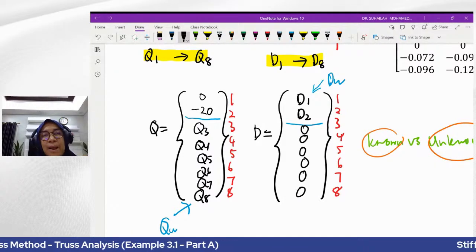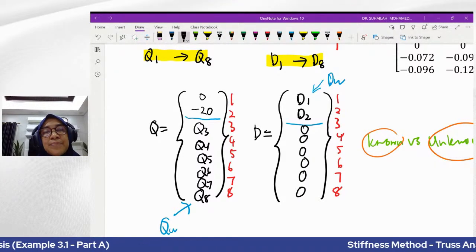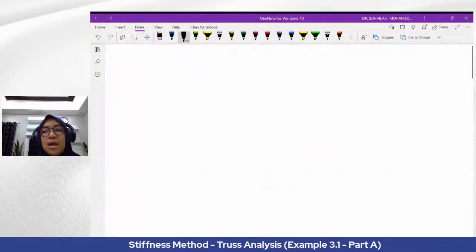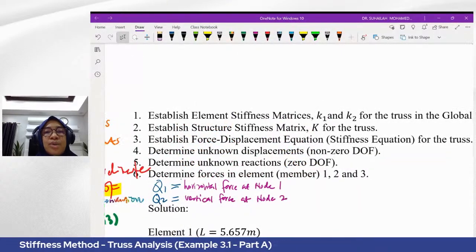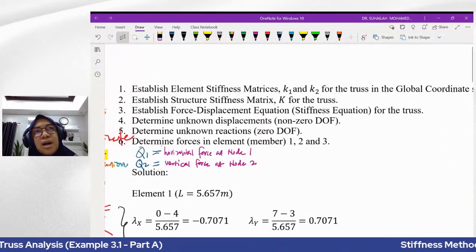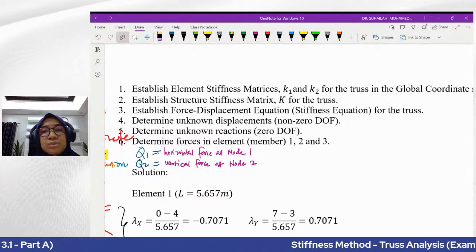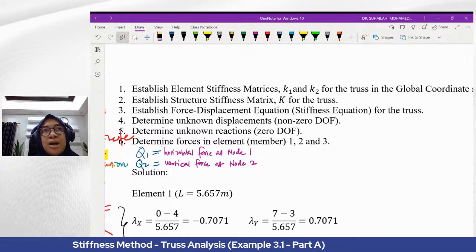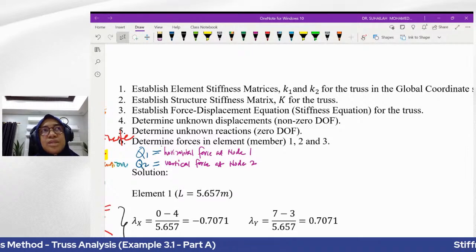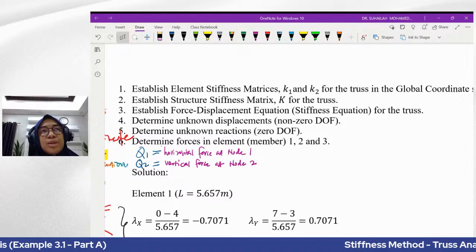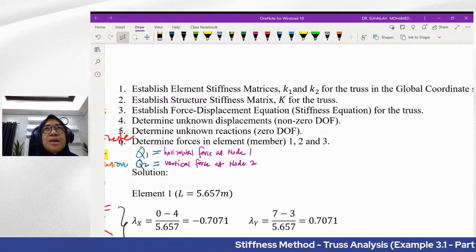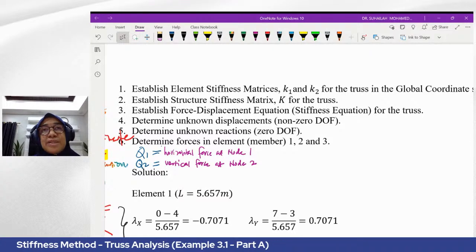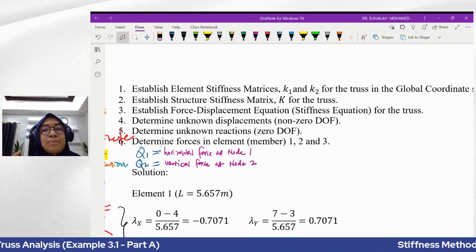Okay, so this is the first part of my sharing session about this example. I have listed here the questions that we need to answer in the analysis of structures using truss with the stiffness method. We will establish, we will form the structure stiffness matrix, that 8 by 8 matrix.